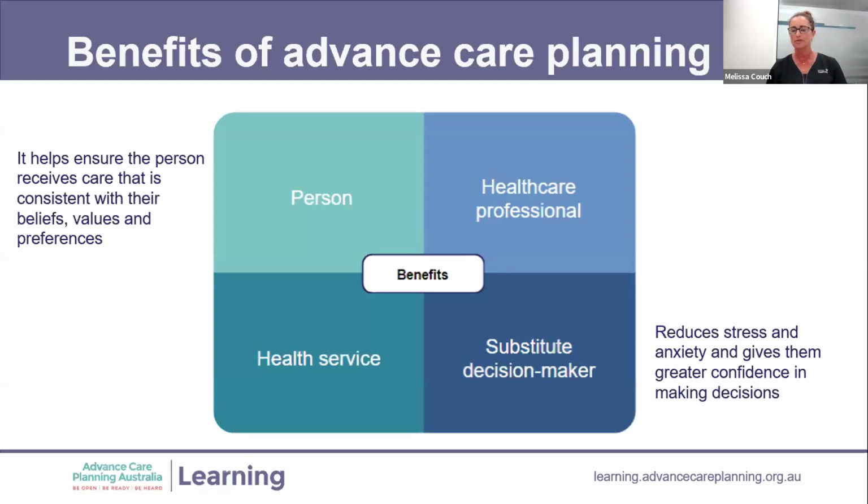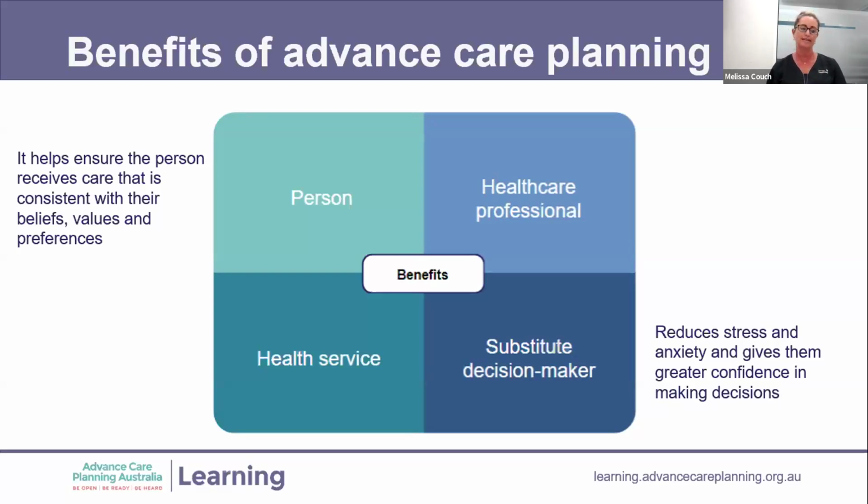But if you are someone's decision maker and you're expected to make decisions on their behalf, and quite often it can be under stressful and acute circumstances, being able to have already had a discussion, or to look up an advanced care directive to clarify someone's preferences for care, can really reduce a person's anxiety around making these decisions.